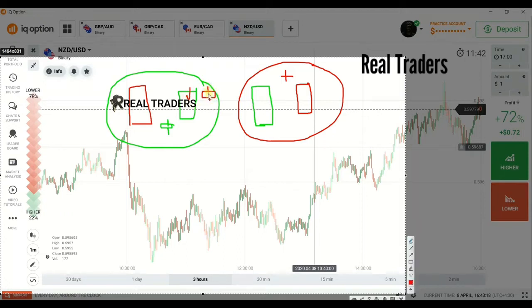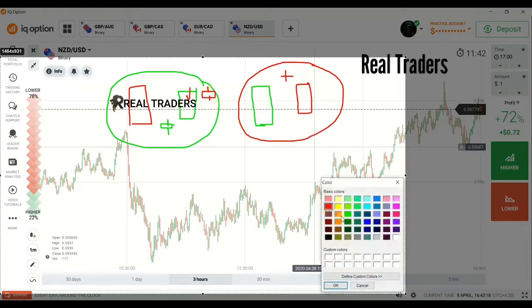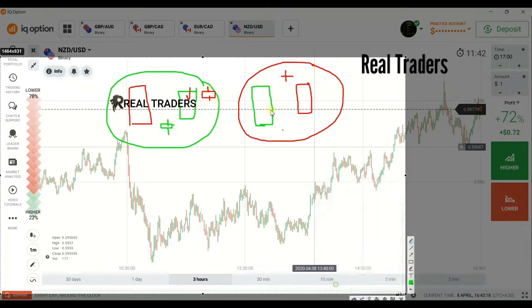Most of the time we can see a retracement candle after this pattern, and here also after this bearish candle we can expect a bullish candle. And if this candle is very weak, the market will continue to go down, or if this candle is a strong candle, the market may go up again. So we can expect a retracement after this pattern in the market.